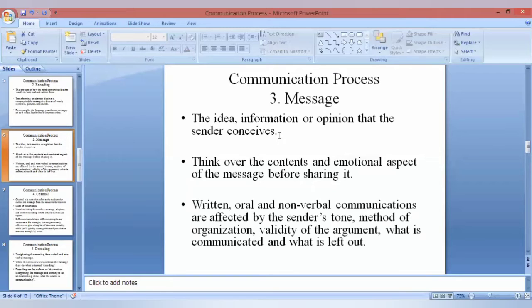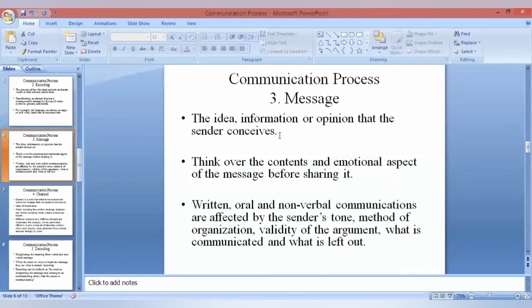And the message can be written, oral, or in the form of nonverbal communication. And they are all shared by the sender. All these forms of communication, written, oral, or nonverbal, are affected by the sender's tone, because tone is equally part of that message.